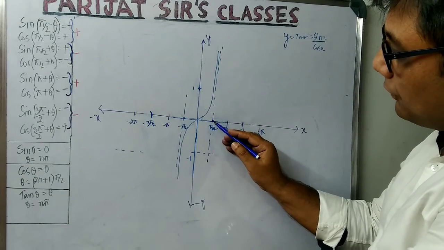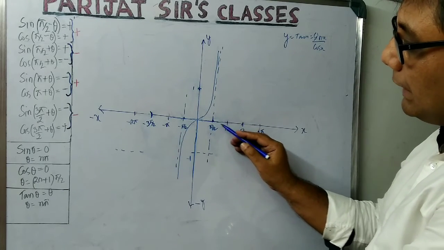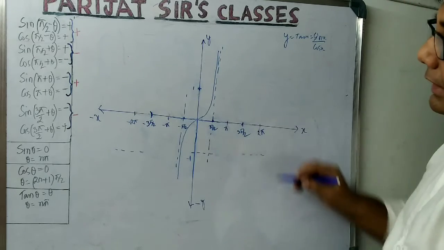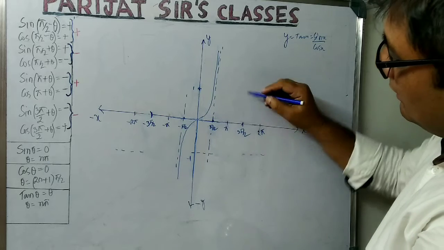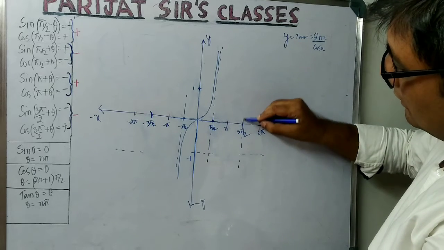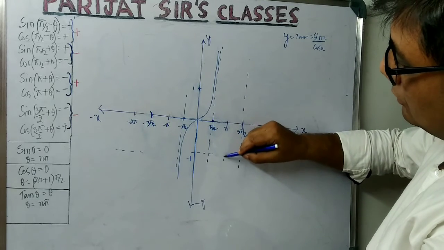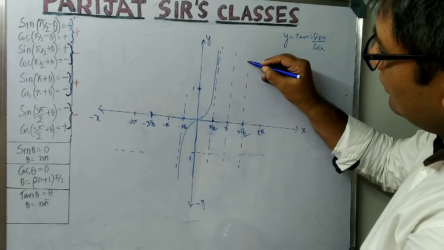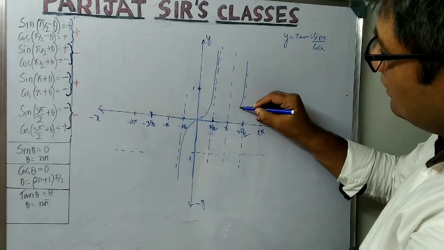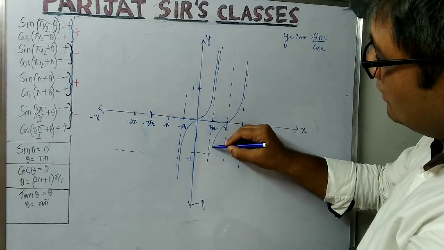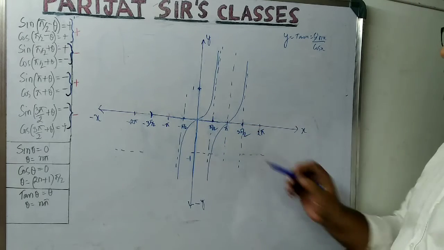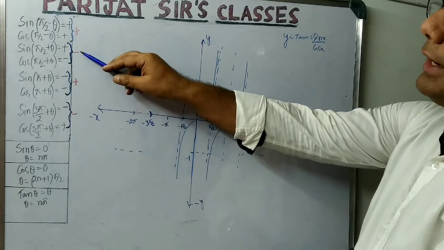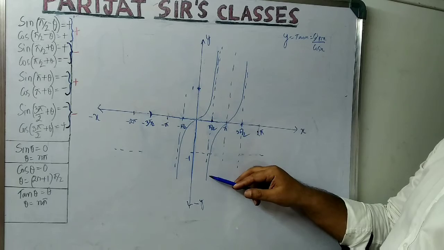That means if I choose any value from here, the result will be minus. So if I choose π/2 plus θ, sine is positive, cos is negative, the result is negative. So it will be like this.